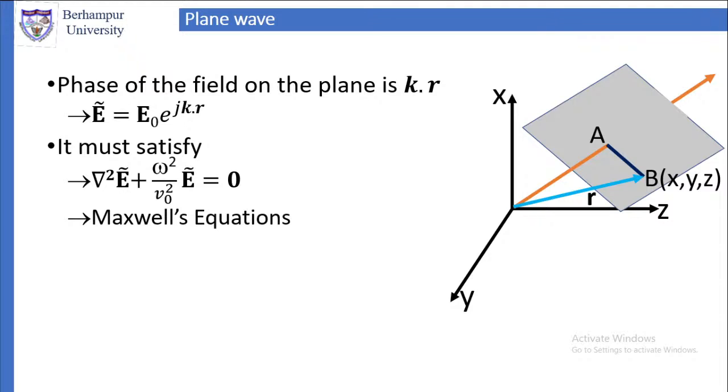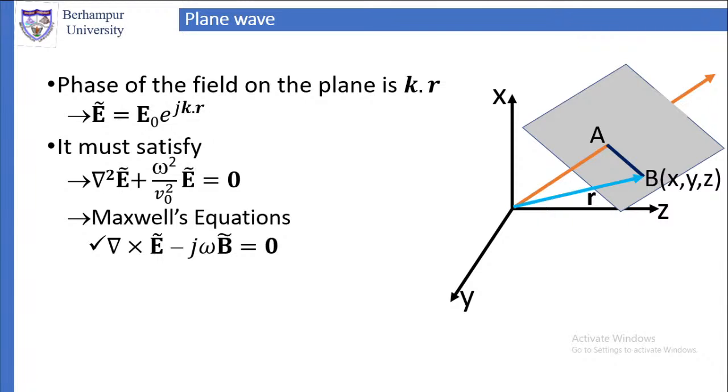Therefore, the spatial variation of the E field is E tilde, and E tilde must satisfy the wave equation as well as Maxwell's equation. So if it satisfies the Maxwell equation, then for Faraday's law, the equation is del cross E minus j omega B tilde is equal to 0. Now, from where do we get this minus j omega?